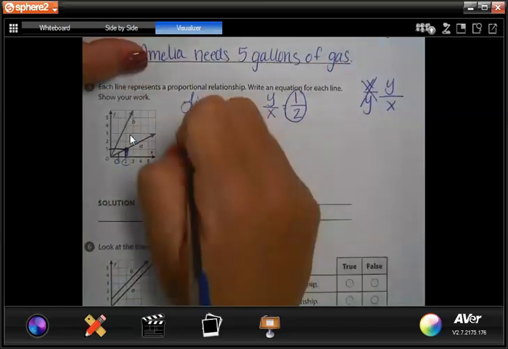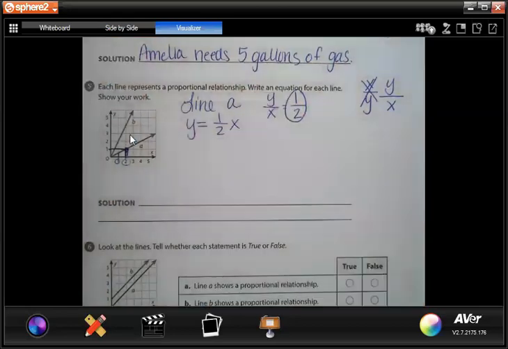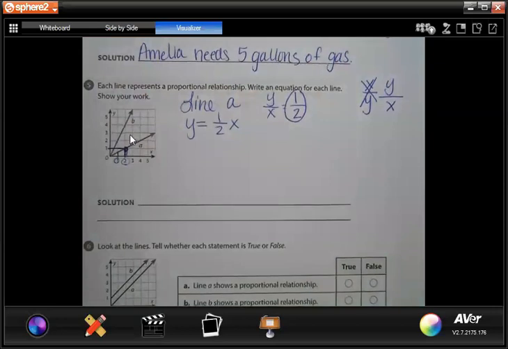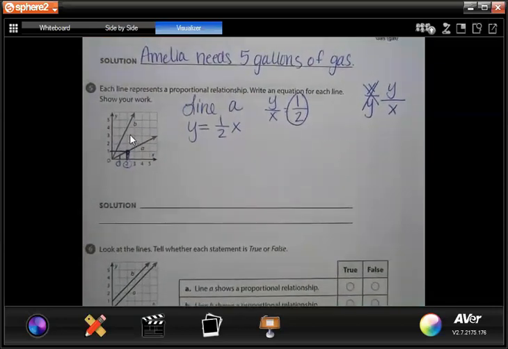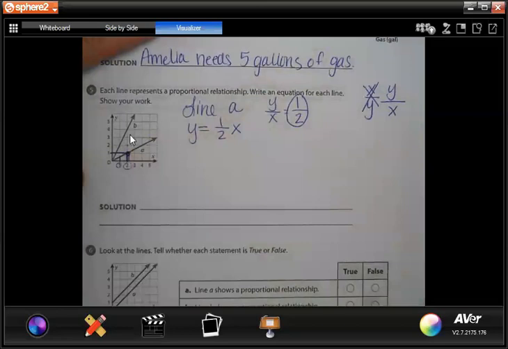So my equation is y equals 1/2 times x. So that's the equation that goes with line A. And what that means is that basically we go up 1 over 2, up 1 over 2 every single time.